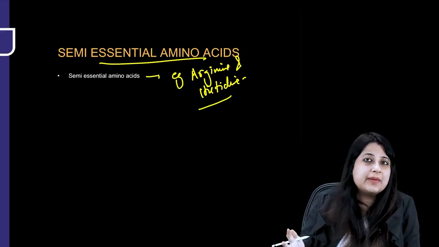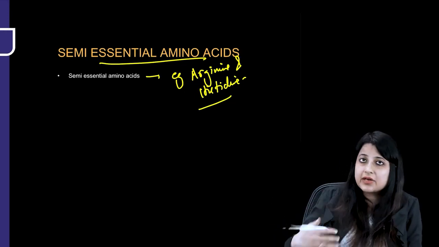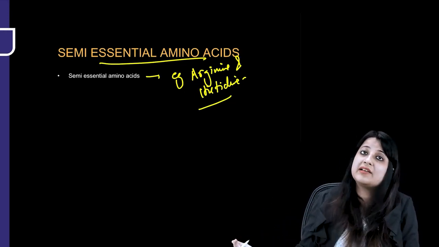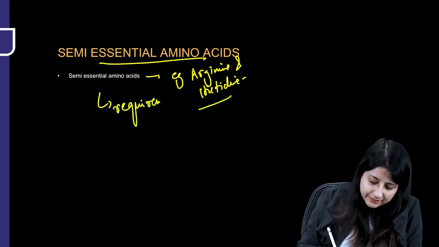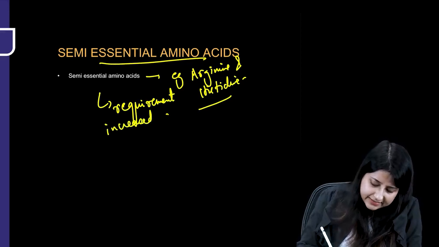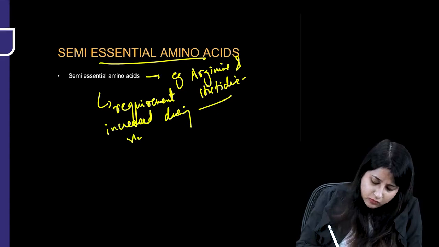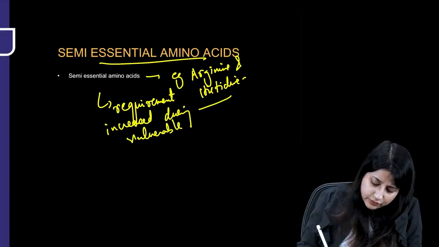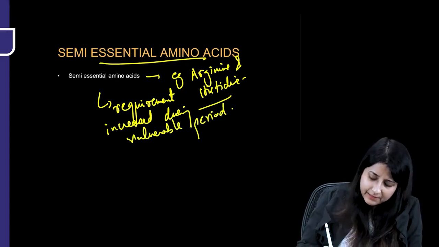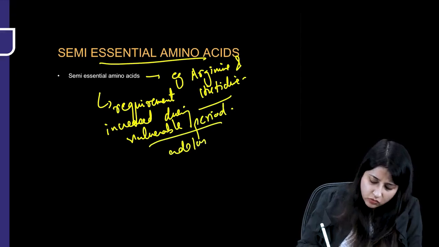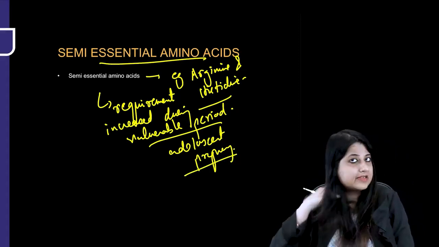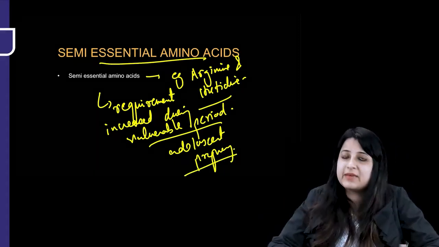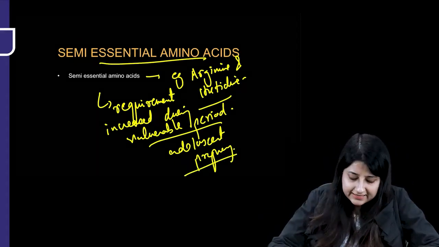These are amino acids whose requirement is increased during vulnerable periods. What do you mean by vulnerable period? Like in adolescence, or during pregnancy and lactation, the requirement is increased. So that is what is semi-essential: arginine and histidine.